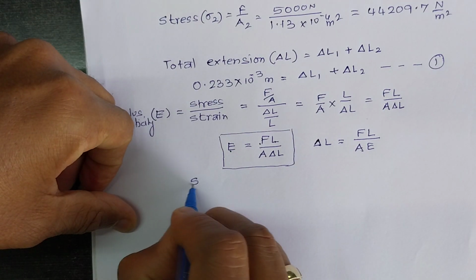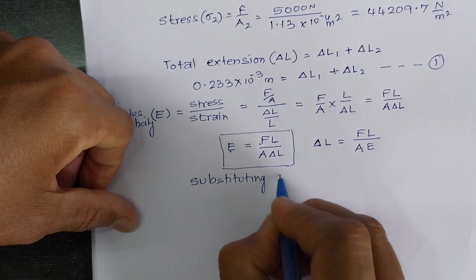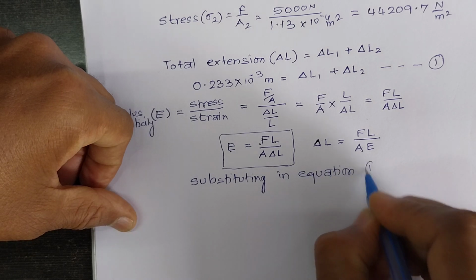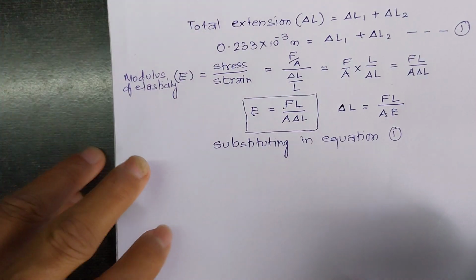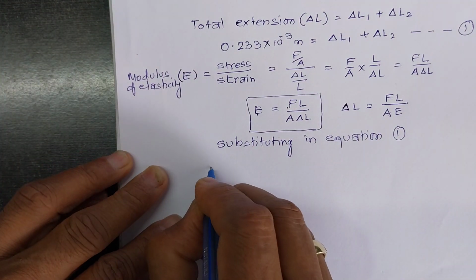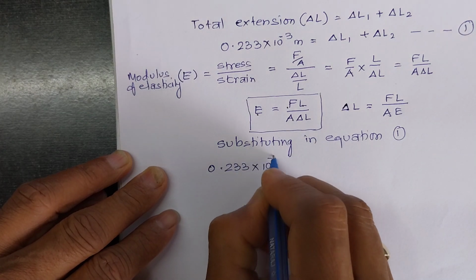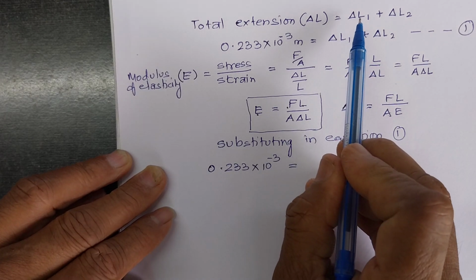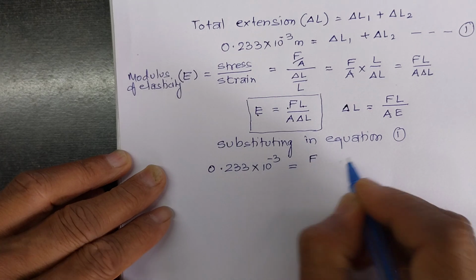So we say substituting in equation 1. We will write in a specific manner. We'll write this as 0.233 into 10 raised to minus 3 is equal to, now what will be delta L1? Delta L1 will be, F is common.